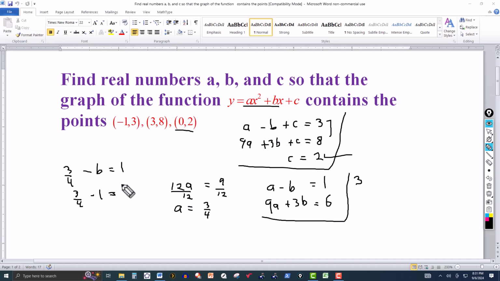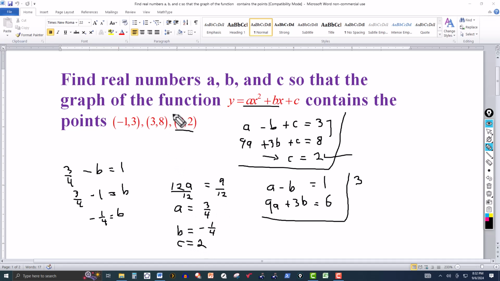Bring the minus b over, that's plus b, and 3/4 minus 1 is the same thing as negative 4 over 4, so it's going to give me negative 1/4 equal to b. So b is equal to negative 1/4. We're looking for the values of a, b, and c. And then we know from right here, c is equal to 2.